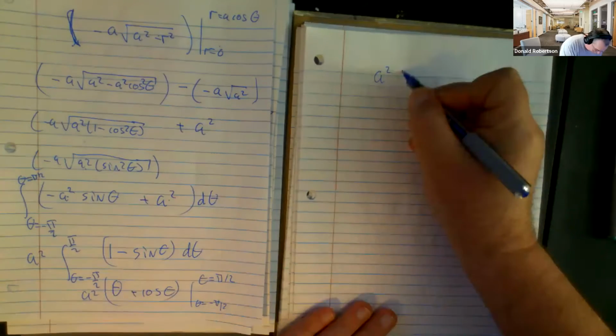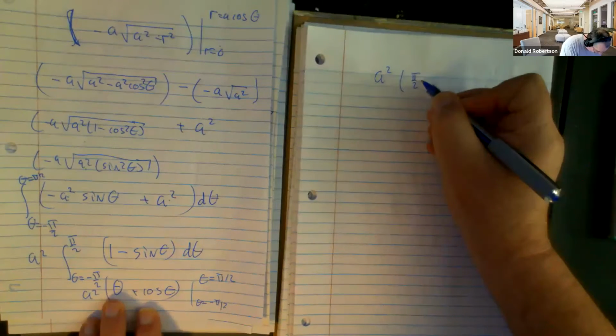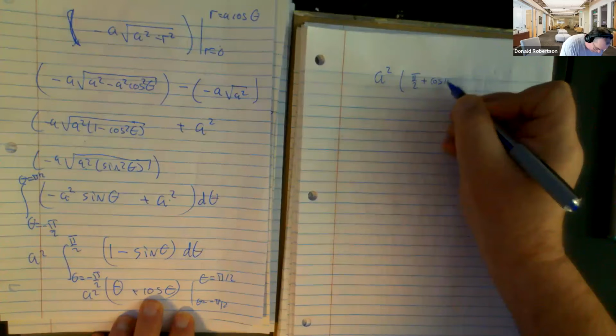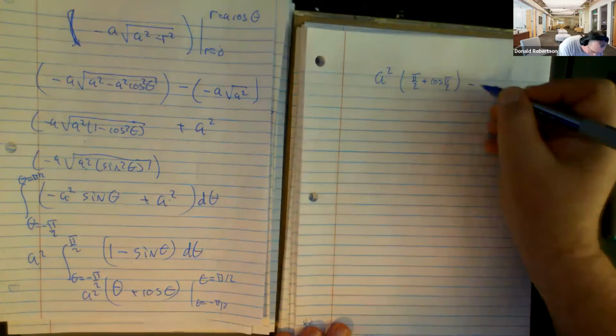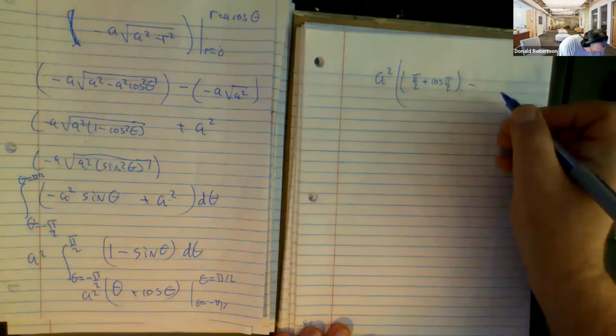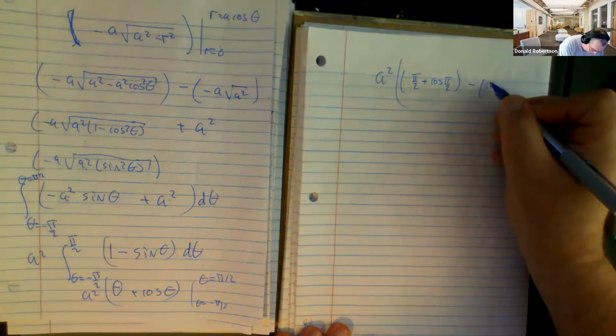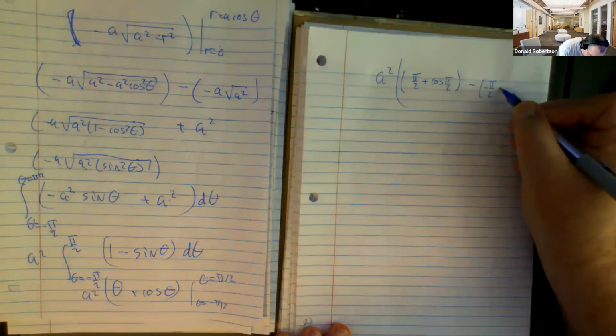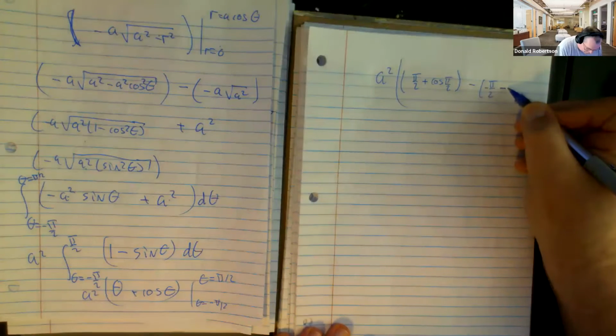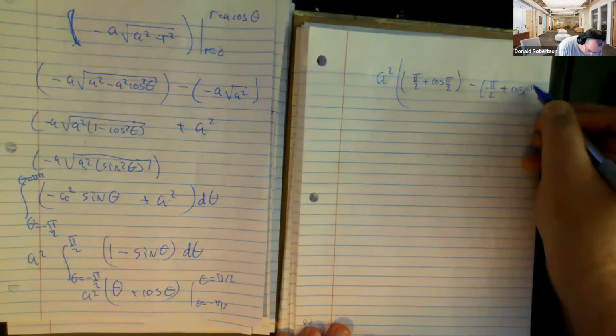And what have we got then? We have a theta, so that's pi upon 2 plus the cosine of pi upon 2, take away negative pi upon 2 plus the cosine of negative pi upon 2.